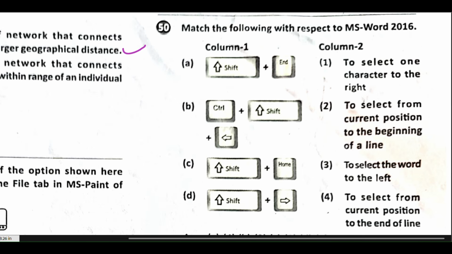Question number 50. Match the following with respect to MS Word 2016. Column 1, column 2. Column 1: A. Shift plus End. 1. To select one character to the right. 2. To select from current position to the beginning of a line. 3. To select the word to the left. 4. To select from the current position to the end of the line. So A is to 4.